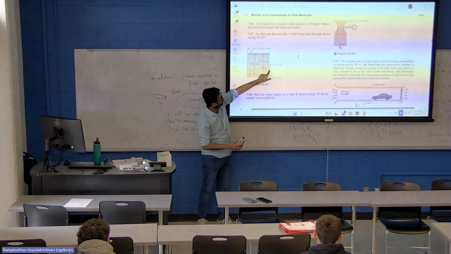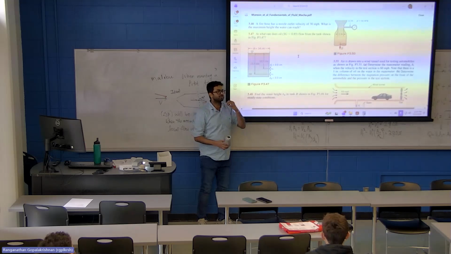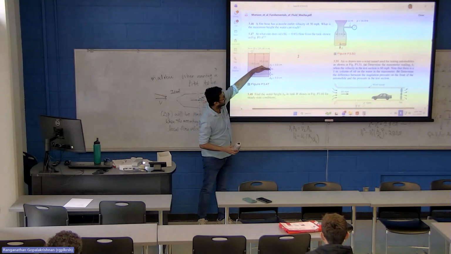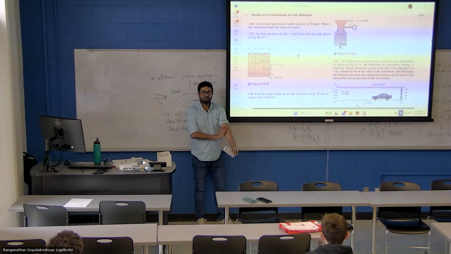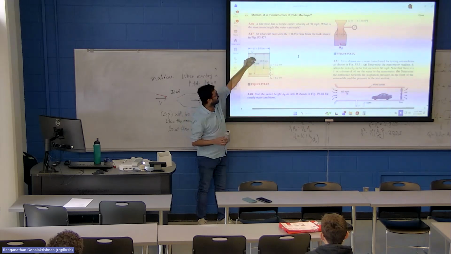Number two, forget the second. Let's just look at the top one here. You punch a hole here. Is the flow rate going to be constant until the liquid is empty, or until the liquid comes to the height of the hole? Is the flow rate going to be constant over time? Why not? Less weight.